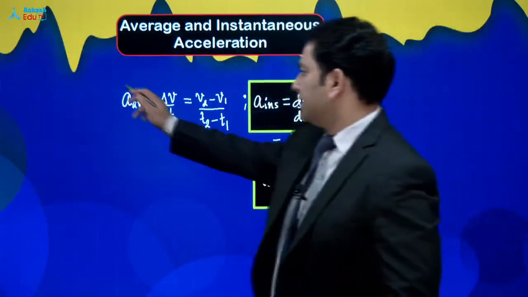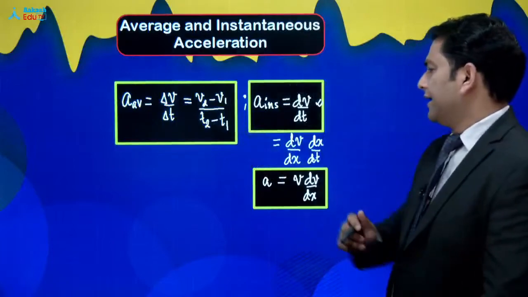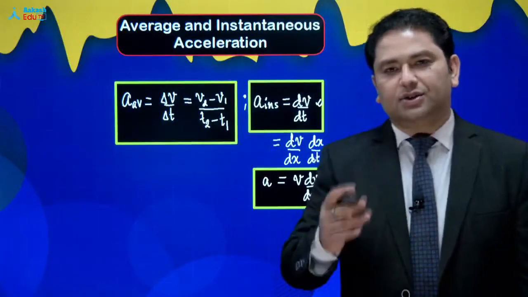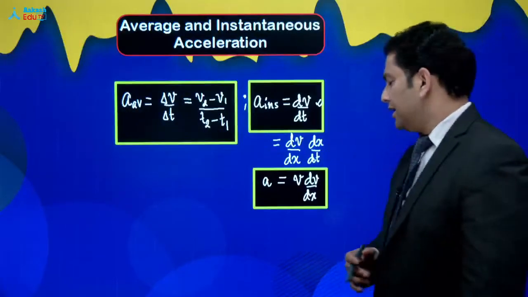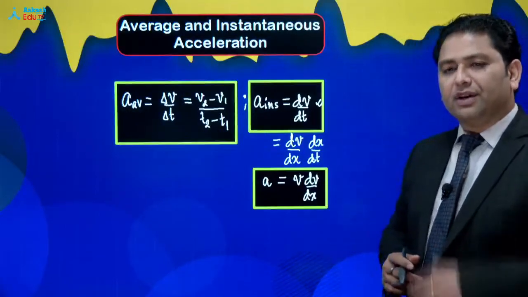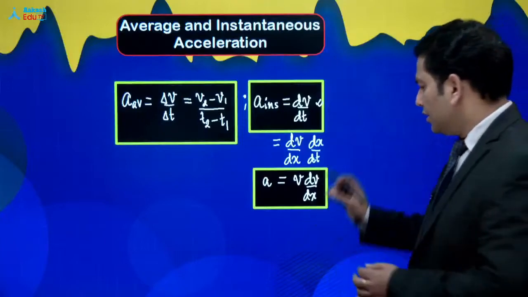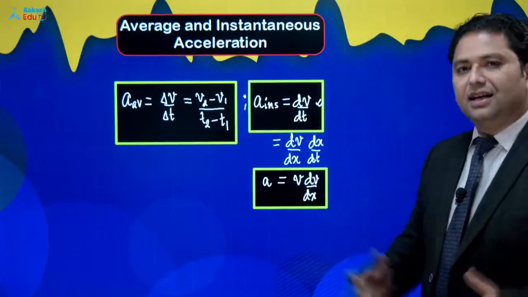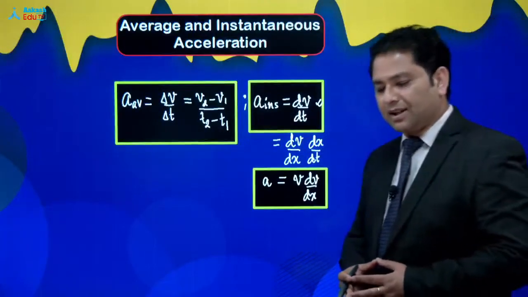That's the instantaneous or average ये है. This is going to be a formula chart. Okay? ये कब use करेंगे? When velocity is a function of position. और ये कब use करेंगे? When velocity is a function of time.